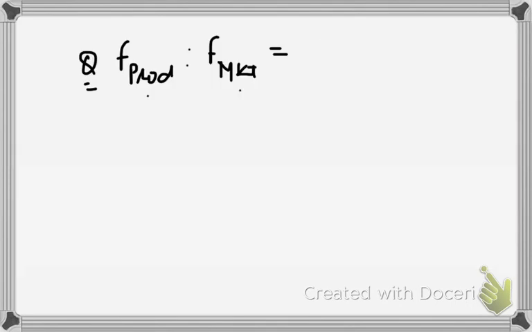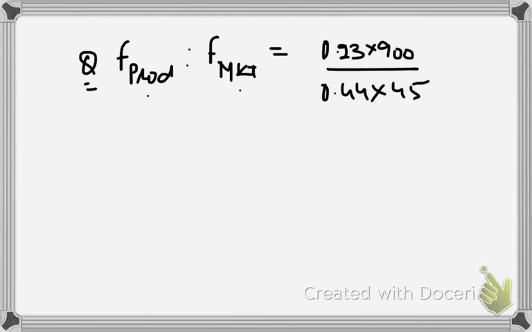So just solve this. What you'll get is production will be 0.23 into 900 upon 0.44 into 450. So you have to solve this equation, and generally they are calculation based. You don't have to multiply every time, you just have to work smart.